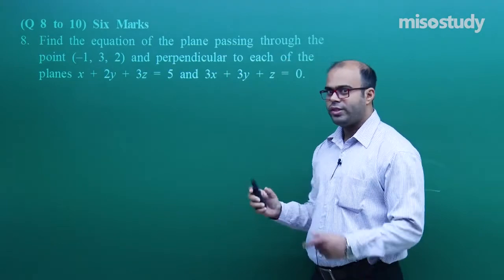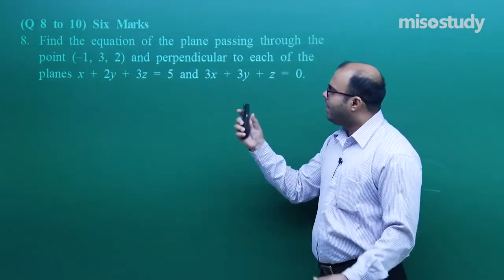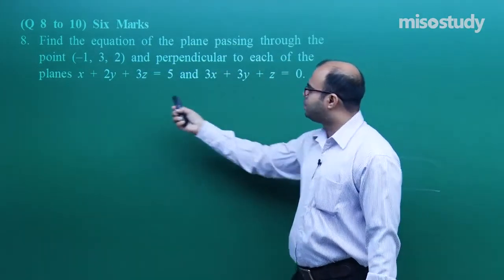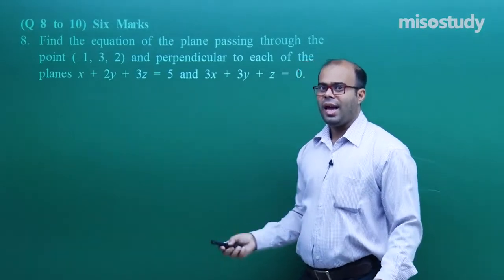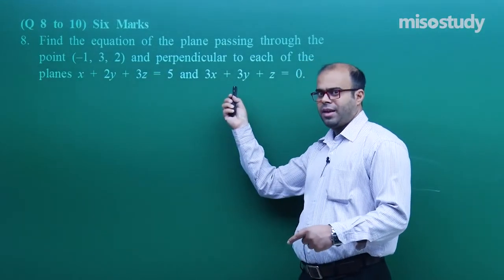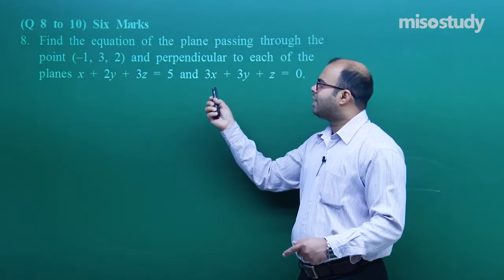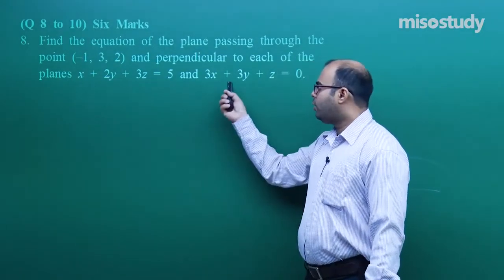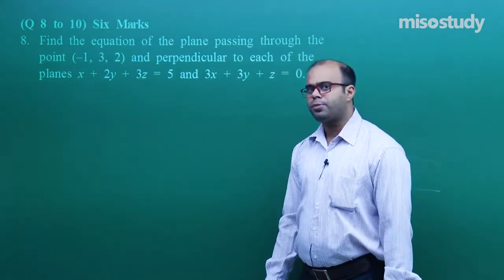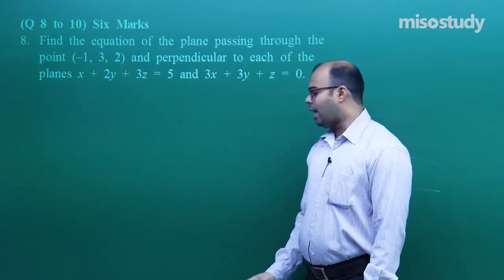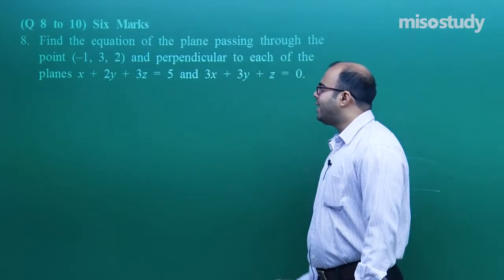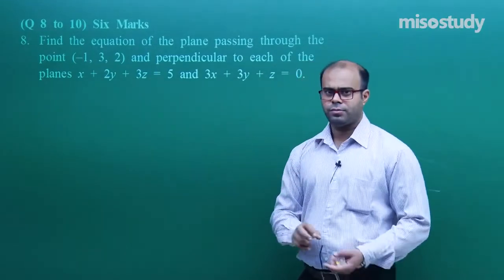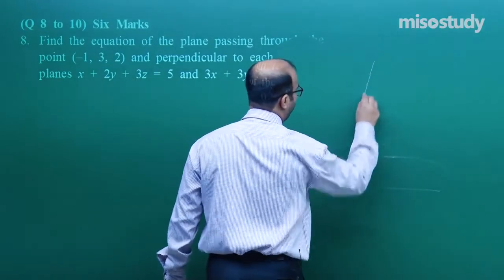So first we have to visualize it. If a plane is perpendicular to this plane as well as this plane, can we say that if we take the normal to this plane and normal to this plane and do the cross product of these, we will get a line which is along the intersection of these two planes? So just let me draw a figure.